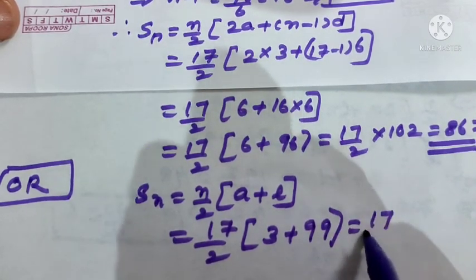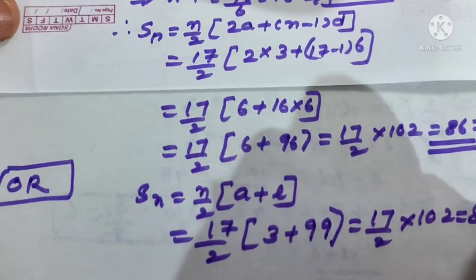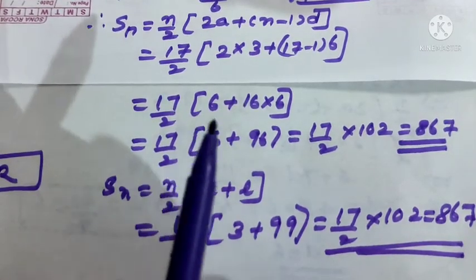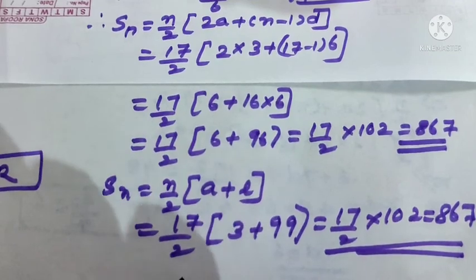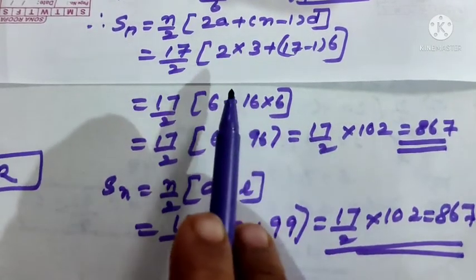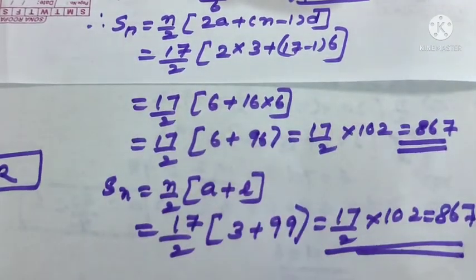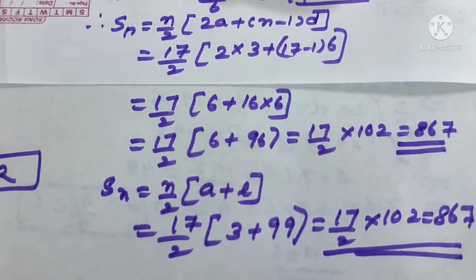So 17 by 2 into 102. Whichever method is easy for you, you can learn that. Since in this question we have already calculated the first and last term, you can use this method. Otherwise, if you remember the formula 2a plus n minus 1 into d, some children remember that formula very easily, so that formula can also be applied. Nothing is wrong in both ways; we will get the same answer.